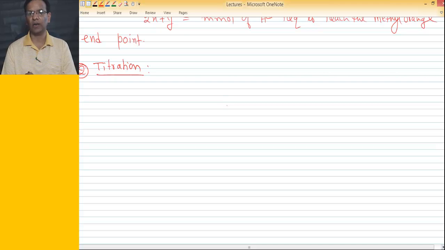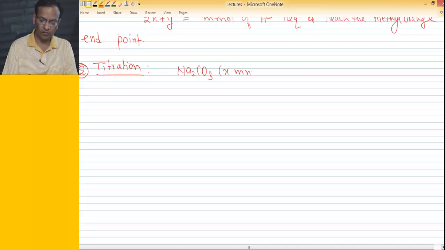We determine the phenolphthalein endpoint, and then we add methyl orange at that point. So once again we have sodium carbonate x millimole and sodium bicarbonate y millimole. Now add phenolphthalein.